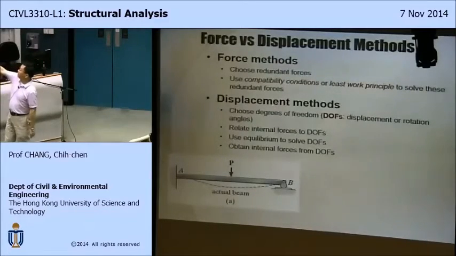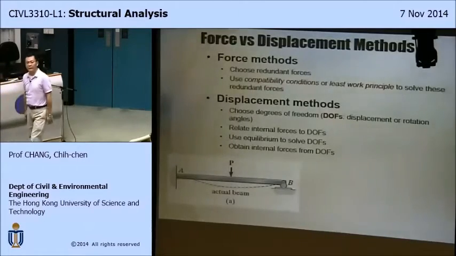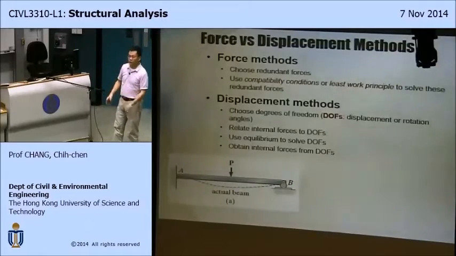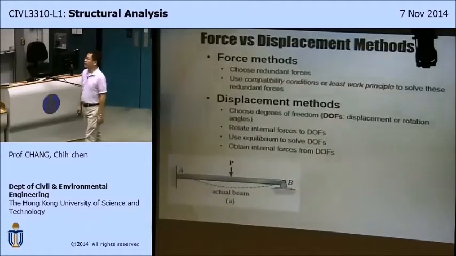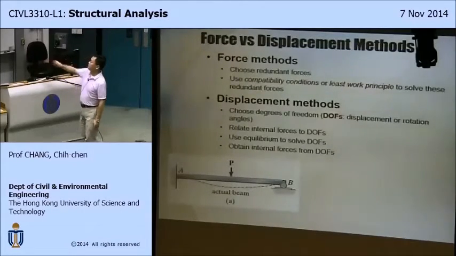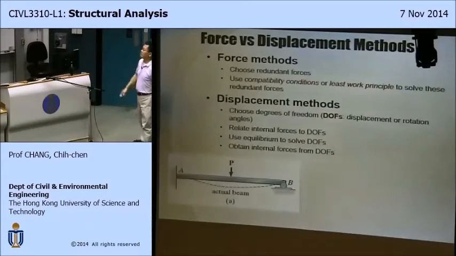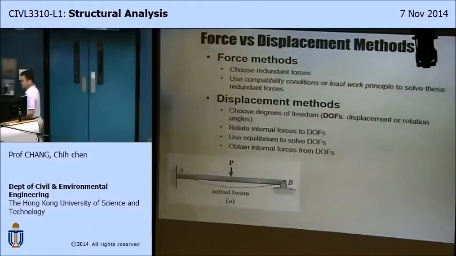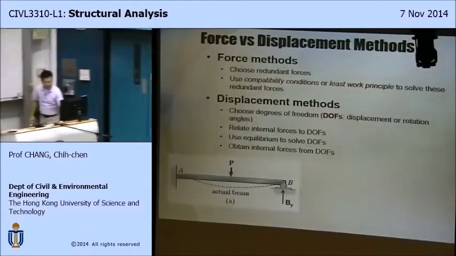Now, if we turn around and say, why don't we look at the displacements or rotation angles and use them as degrees of freedom, and then try to resolve the structures from that angle? Can that be done? Those kinds of methods are called displacement methods. They choose degrees of freedom, which are the deformations, displacement, and rotation angle, and then go through some procedures to do that.